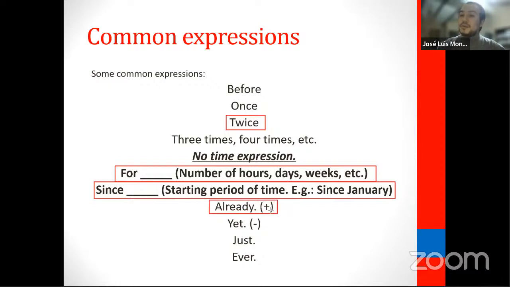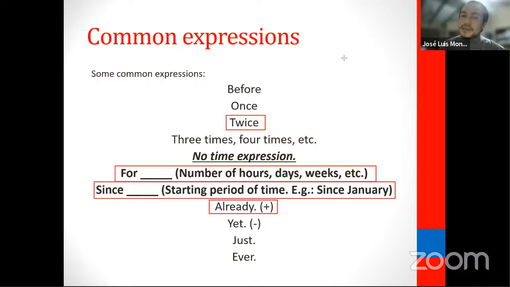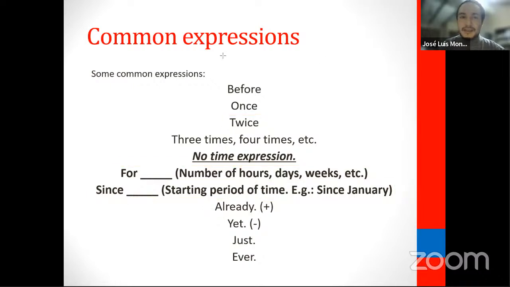So 4 examples in total, please, Jose, David, and Fabiana. One with twice, the other one with for, with since, and the last one with already. All right, do you have any questions? Let me know, please. Jose, tell me. No, I just say, okay. Okay, good, very good. So let's work on that, please. I think a couple of minutes or 3 is going to be enough, and we'll start checking. All right, let's do it, please.